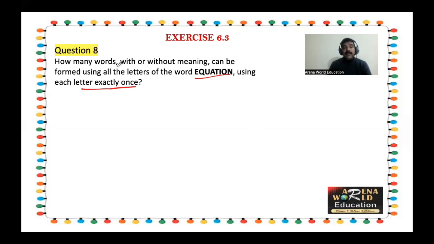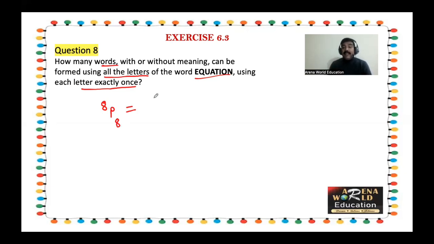And what we have to find, how many words with or without meaning can be formed using all letters. It means we are using all 8, right? So it will be 8P8. If you read the question carefully, in fraction of seconds you can solve the question, right?